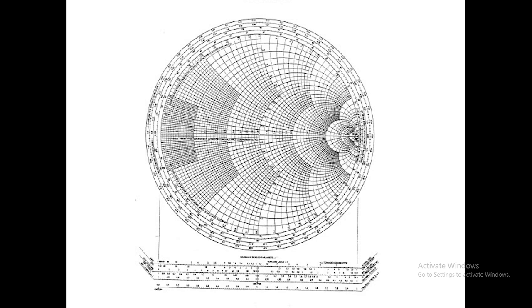So using the Smith chart, you can easily find the input impedance of a transmission line, VSWR, reflection coefficient, also the position of Vmax, Vmin, and the position of the stub. You can easily calculate all these parameters using the Smith chart without any tedious calculations.